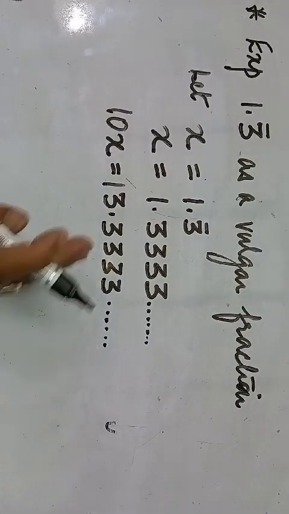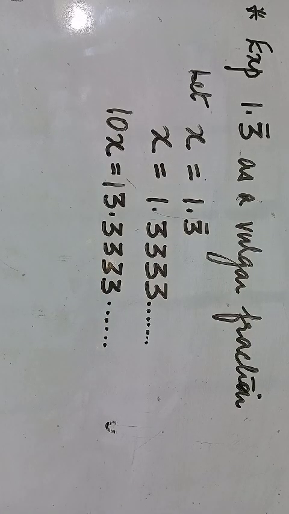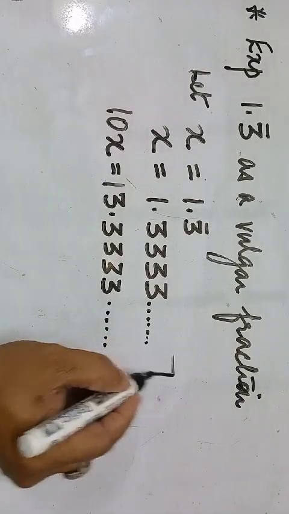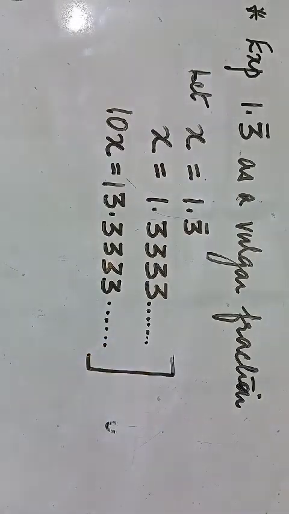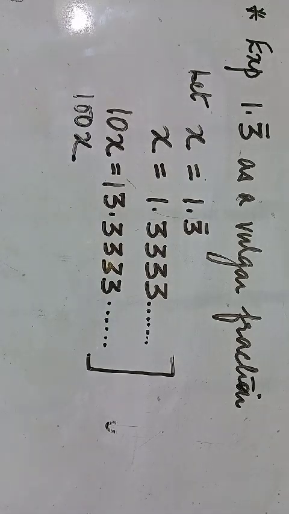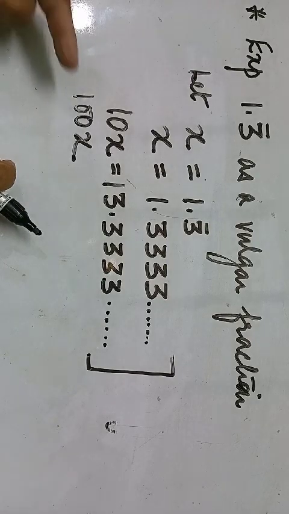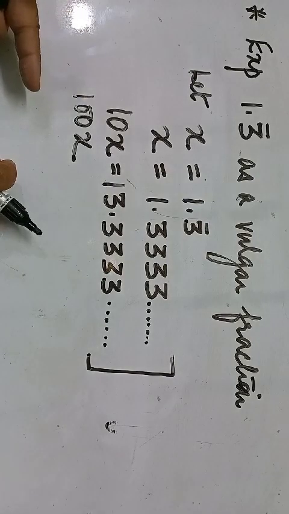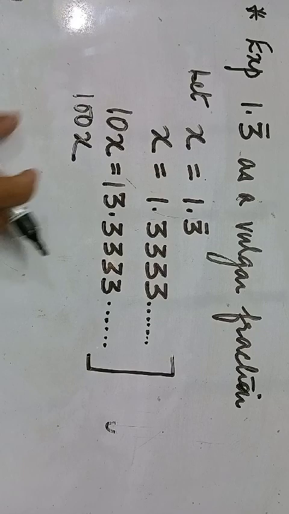There is no shortage of 3's. There are multiple 3's that are there. Please look at this step very carefully, because you can do 100 times x also. You can do 1000 times x also, but you must understand when and where 10 times x will be applicable, and where we have to use 100 times x.